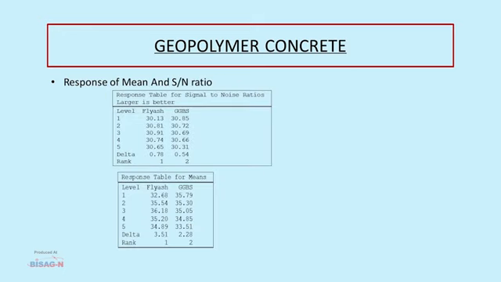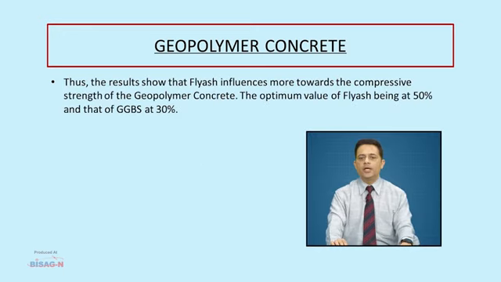In the signal to noise ratio results, we see that fly ash plays a more important part as compared to GGBS in terms of the compressive strength. Thus, the result shows that fly ash influences compressive strength more as compared to GGBS, and the optimum value for fly ash is 50% and GGBS is 30%.